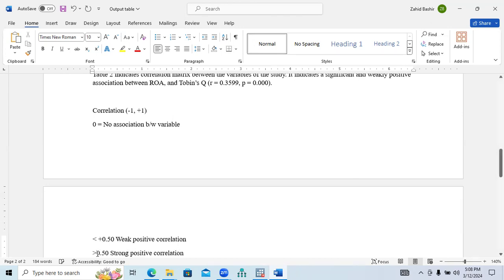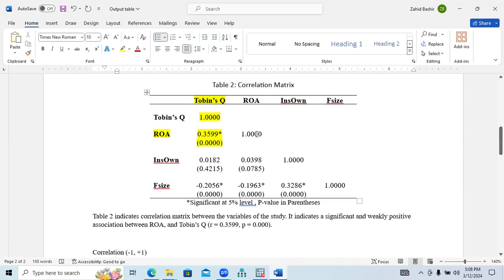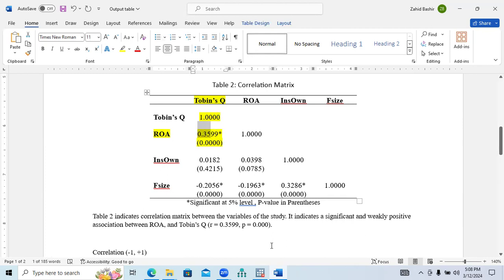But if it is indicating a negative sign, then it becomes a negative correlation. So you need to understand that the value is greater than 0.05, so this value is less than 0.50. So we may consider it is a weak association.